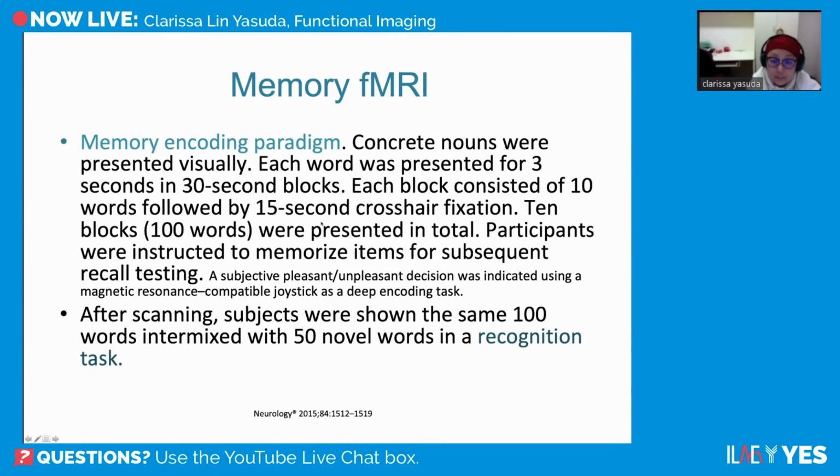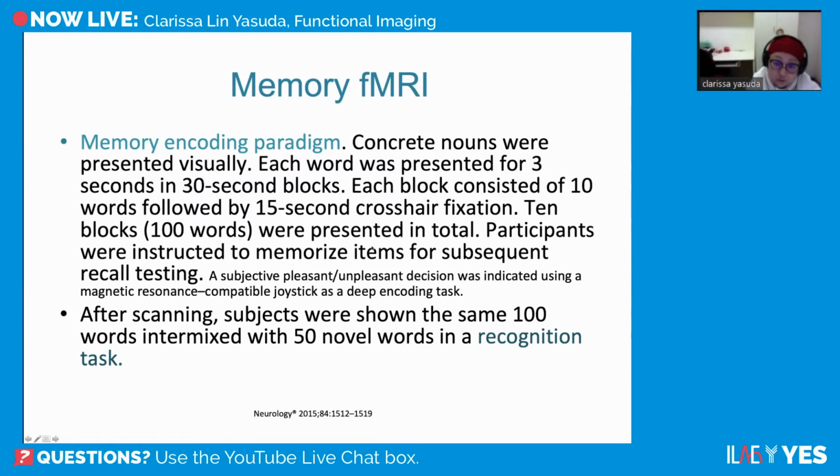So I will just talk a little bit about the paradigm. The subject is challenged with a memory encoding paradigm. So the subject sees in the scanner 100 images of words while he's inside the scanner.